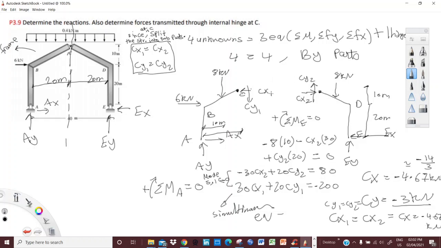So downward, where from negative 3 should be upward actually, since it's negative. This should be upward and this should be downward.